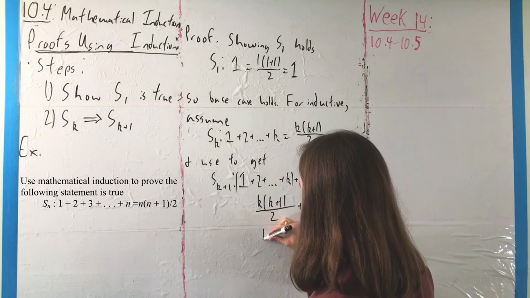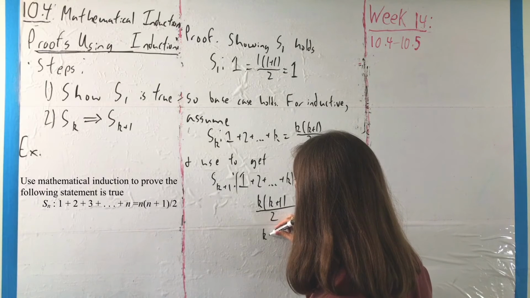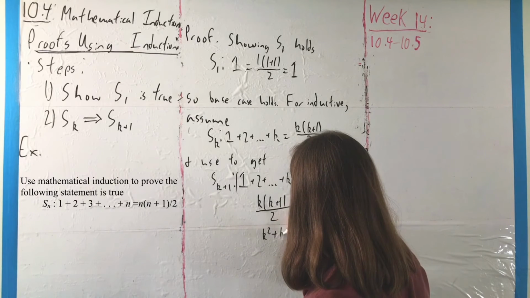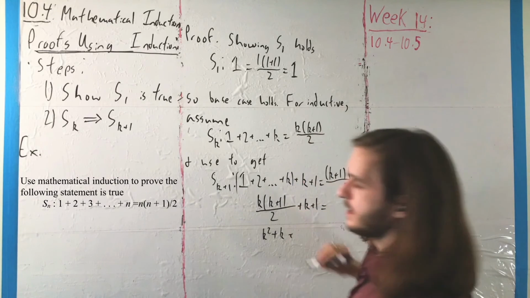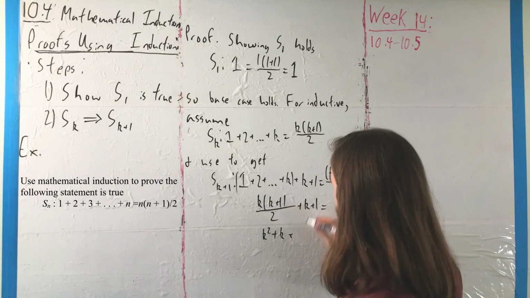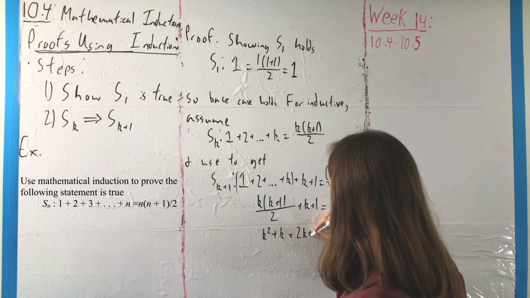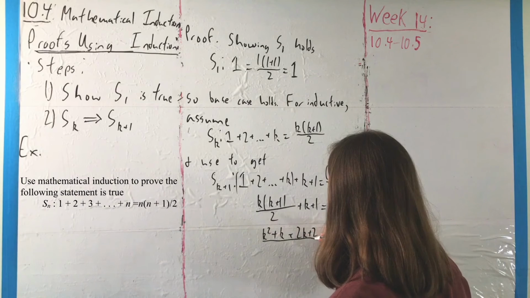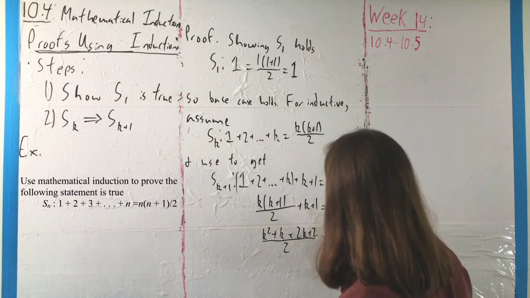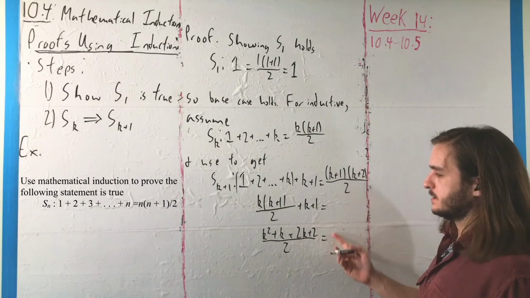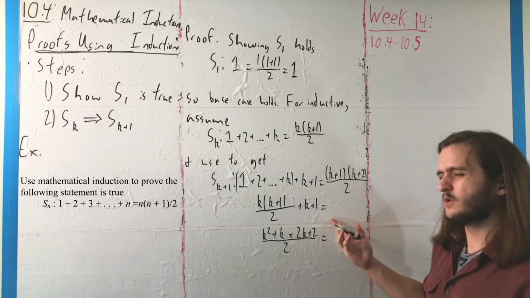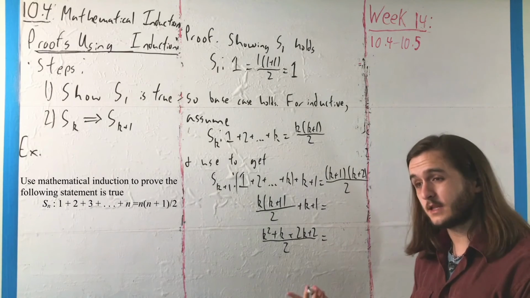So if I multiply these in together, I'll get k squared plus k, and then to get that common denominator with a 2, I'll multiply a 2 in over there to get 2k plus 2, and that's all over 2, which we're still hoping is going to be equal to that. You know, we're throwing these equalities in here with the idea that it's going to work.